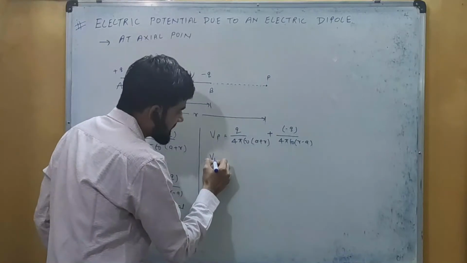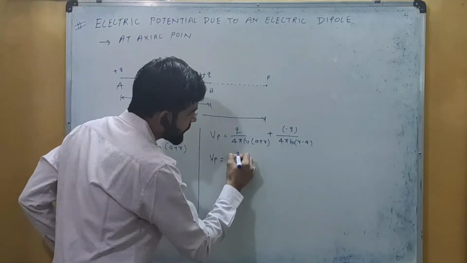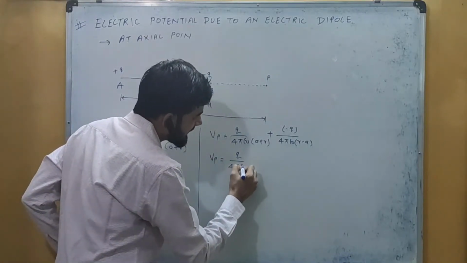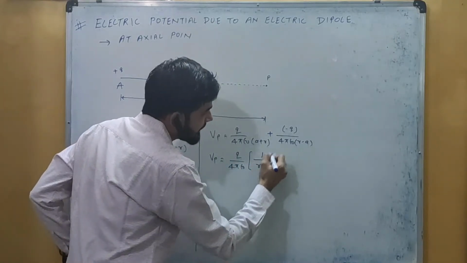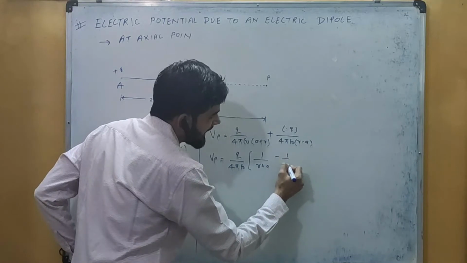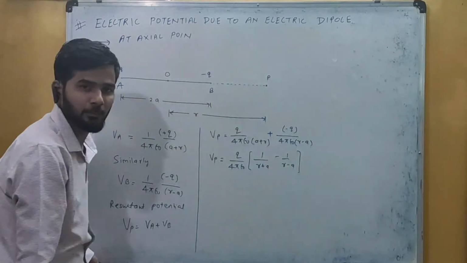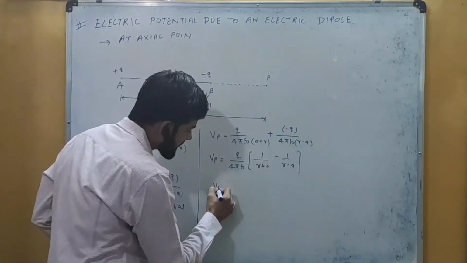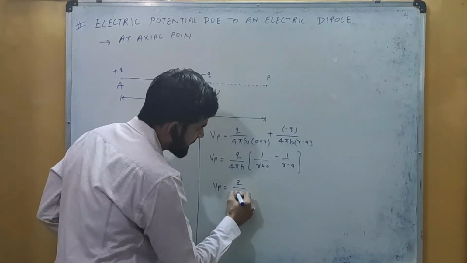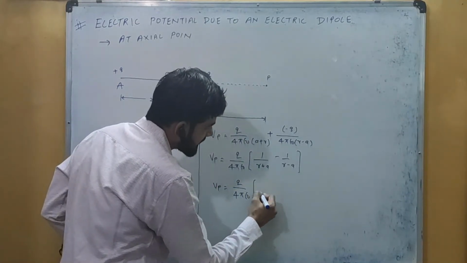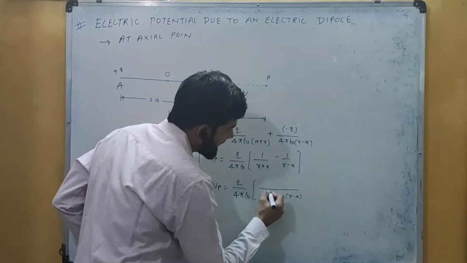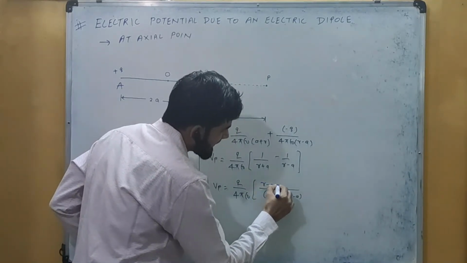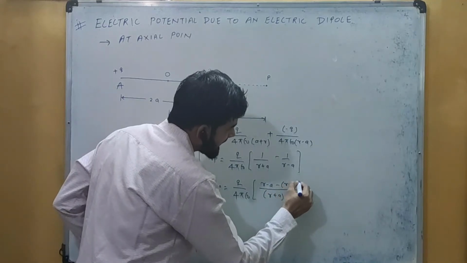Okay, so I can write it as VP is equals to q by 4 pi epsilon naught, यहाँ पर कितना हो जाएगा 1 by (r plus a), और यहाँ पर माइनस है तो माइनस 1 by (r minus a). Okay, so I will take LCM. VP is equals to q by 4 pi epsilon naught, ये कितना हो जाएगा (r plus a)(r minus a), here (r minus a) minus (r plus a).